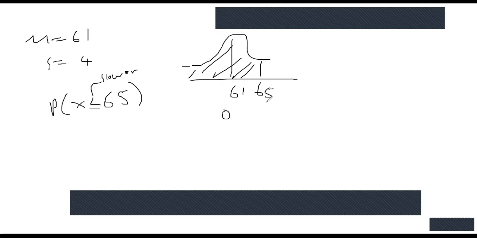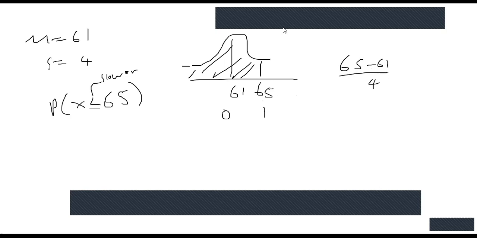So 0, and then here you standardize. 65 minus 61 over standard deviation, which is 4. That's 4 over 4, which is 1. Then read under the table.